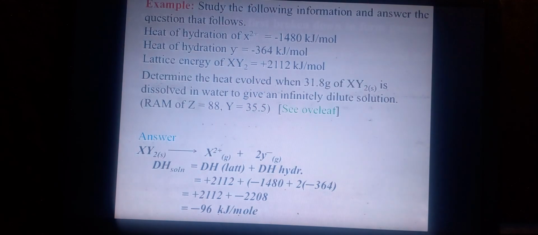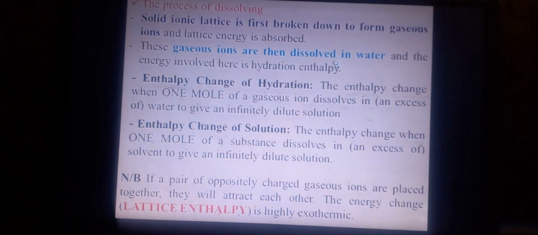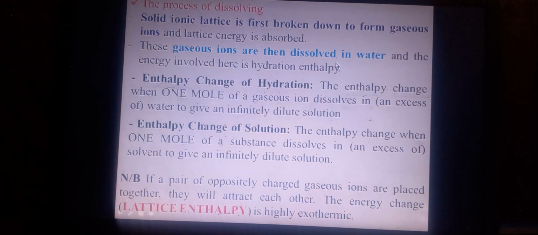So now we move forward, and before that we need to define what lattice energy is. Lattice energy is the enthalpy change that occurs when 1 mole of an ionic compound is formed from the gaseous ions of its elements in standard states.